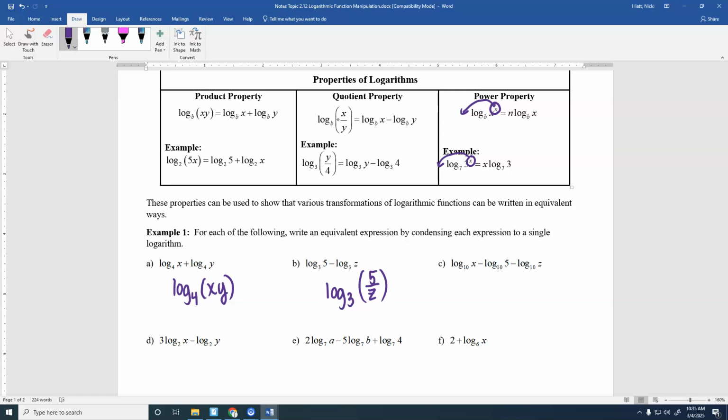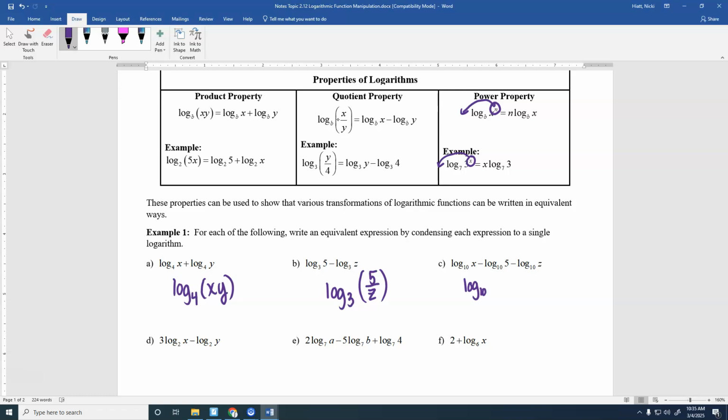Okay. Now C is going to be a little bit trickier because it's division, but I've got three things going on, right? Sometimes it's helpful to think about order of operations. If I am subtracting, I just go left to right. These are all subtracted. So I could write this as log base 10. AP always puts the base 10.